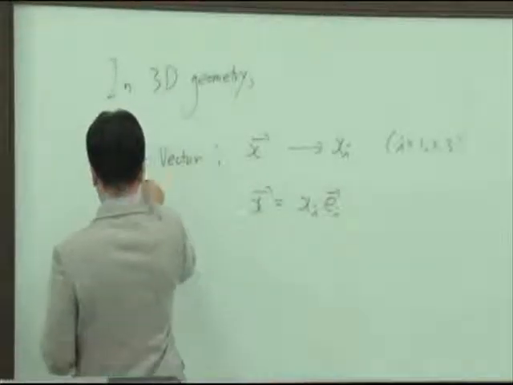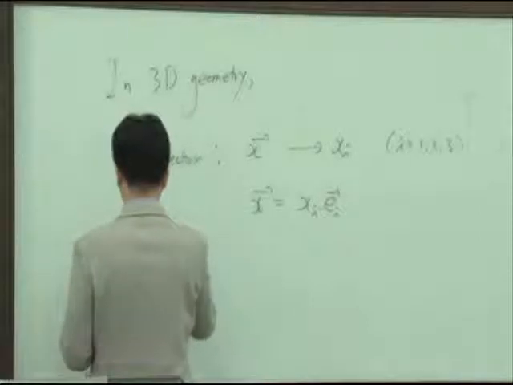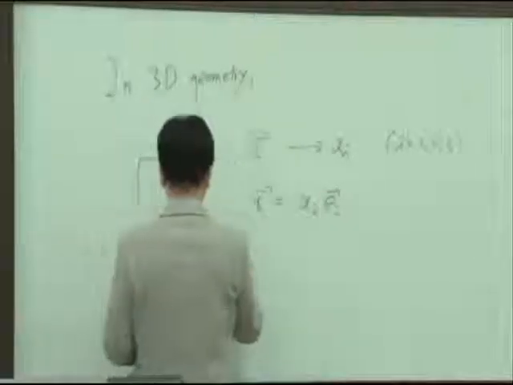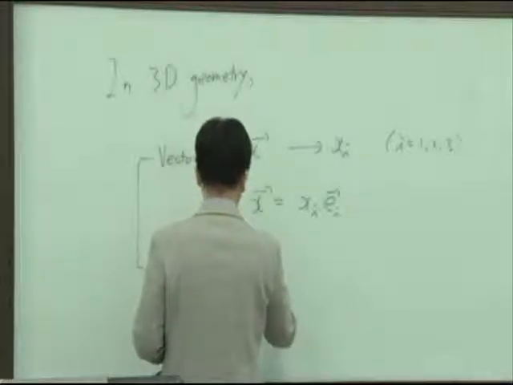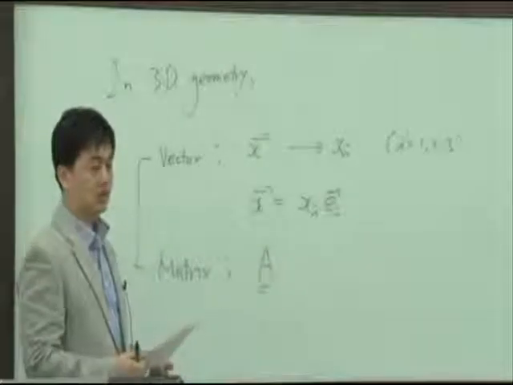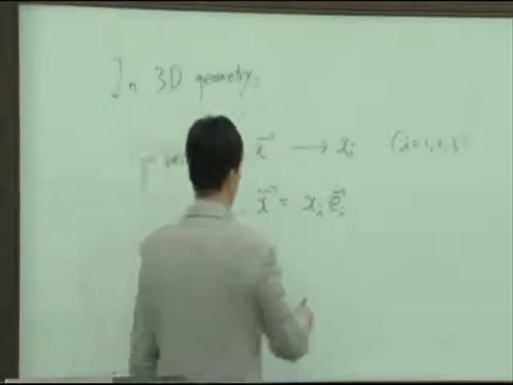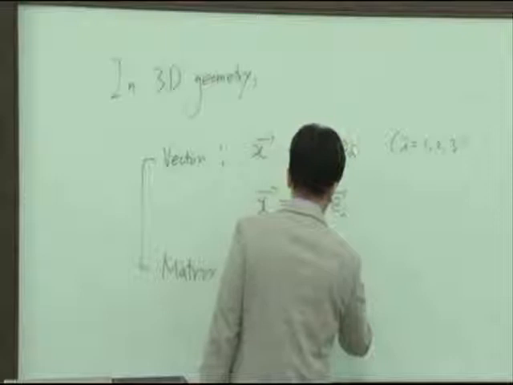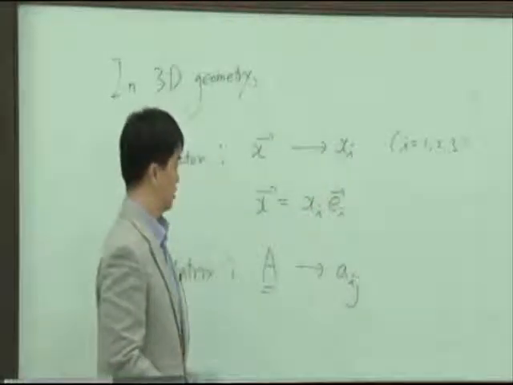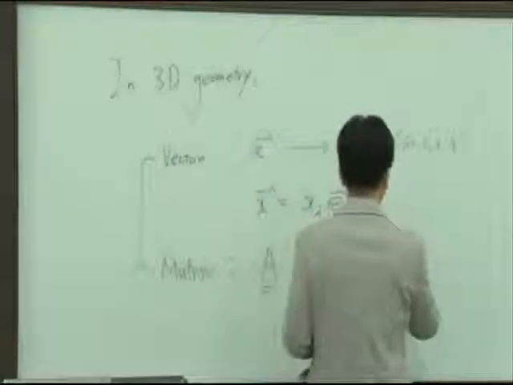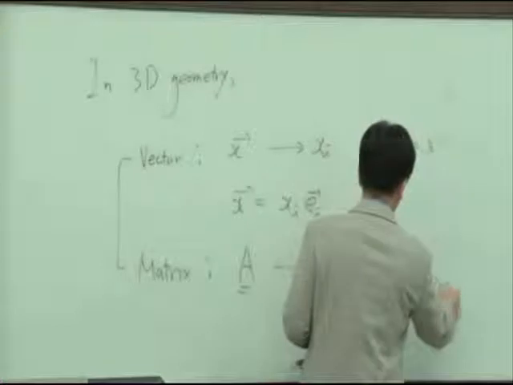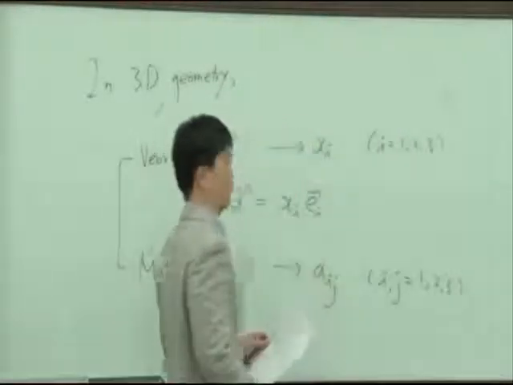So how about a matrix? Matrix A can be expressed in tensor form like Aij, right? Here i and j are changing from 1 to 3. Both are changing.